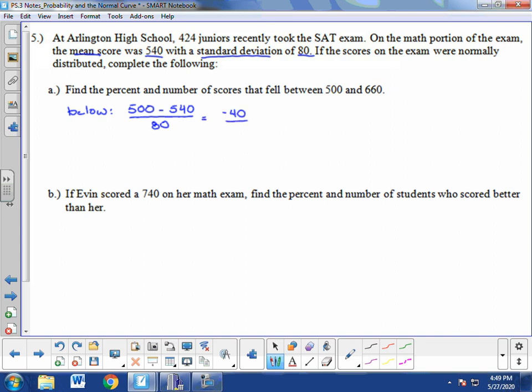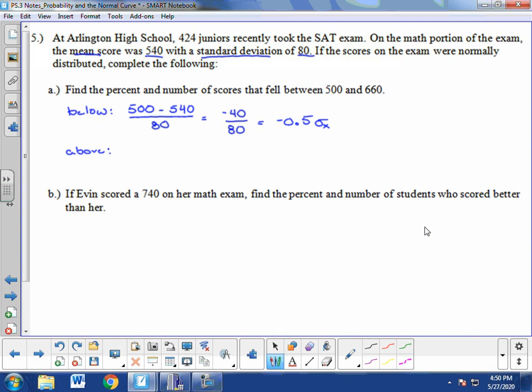So the numerator would be negative 40 over 80, and so this would be negative 0.5 or negative 1/2. This is, again, standard deviations above and below the mean. So because it's negative, we are going 1/2 standard deviation below the mean, and we look at how many scores are going to fall in there. We're going to use this curve because the data is normally distributed.